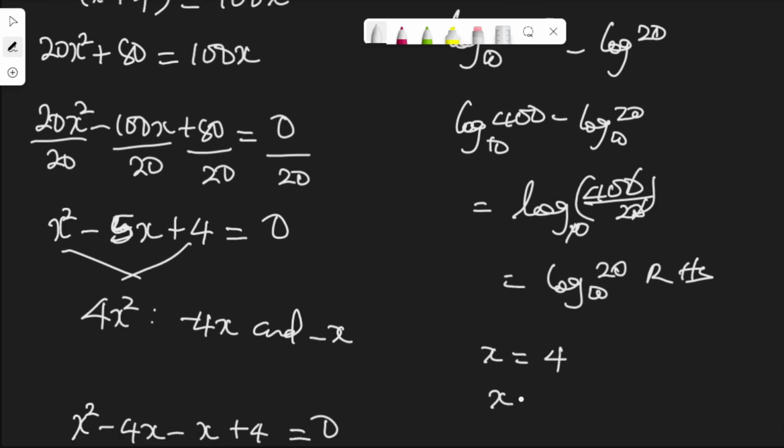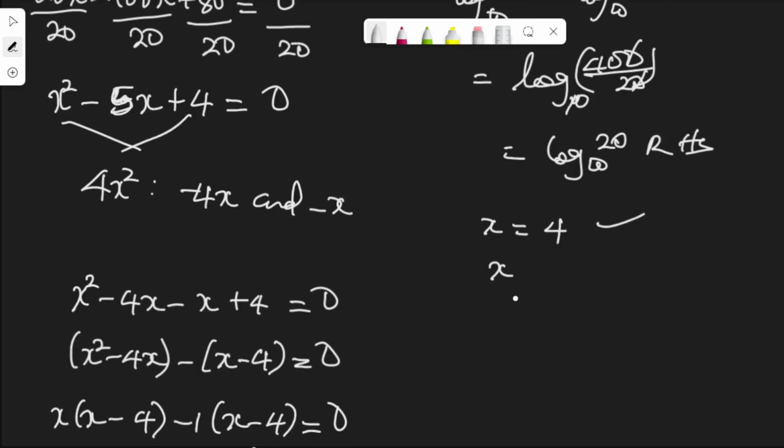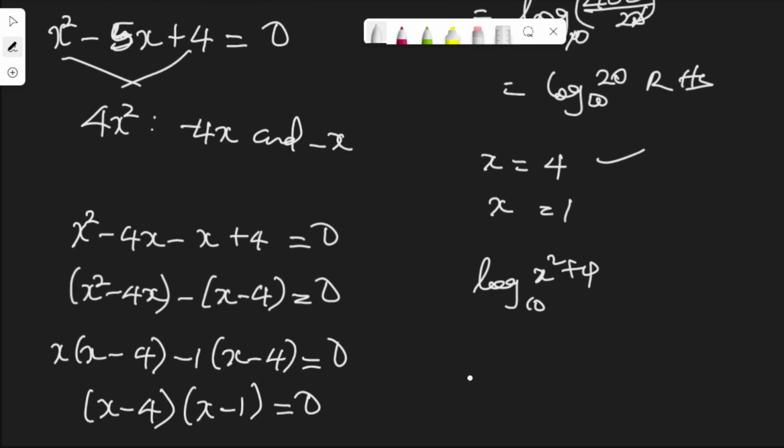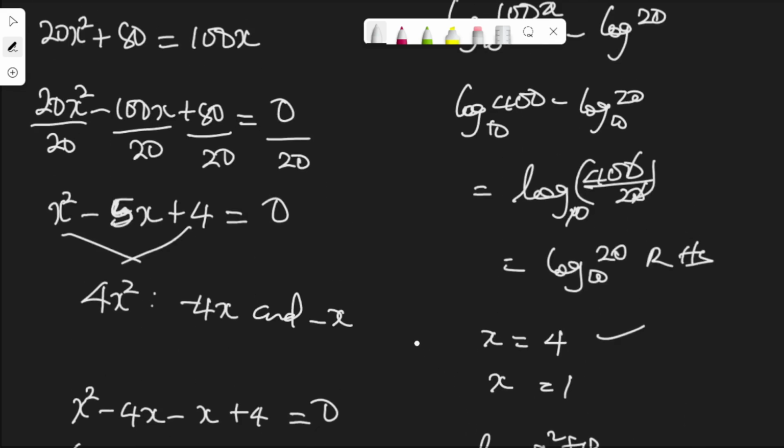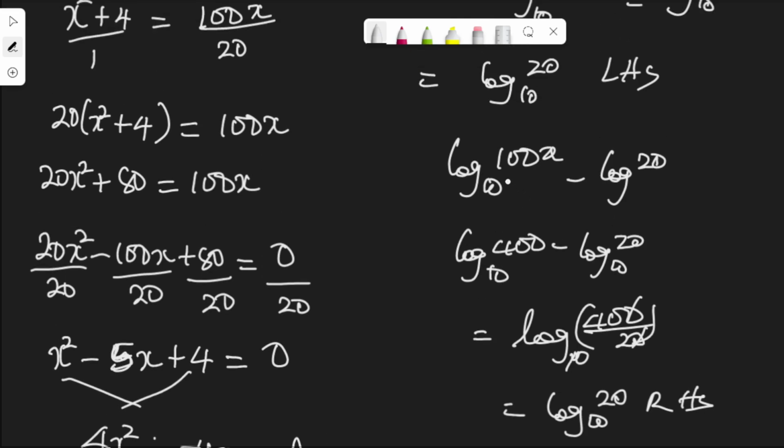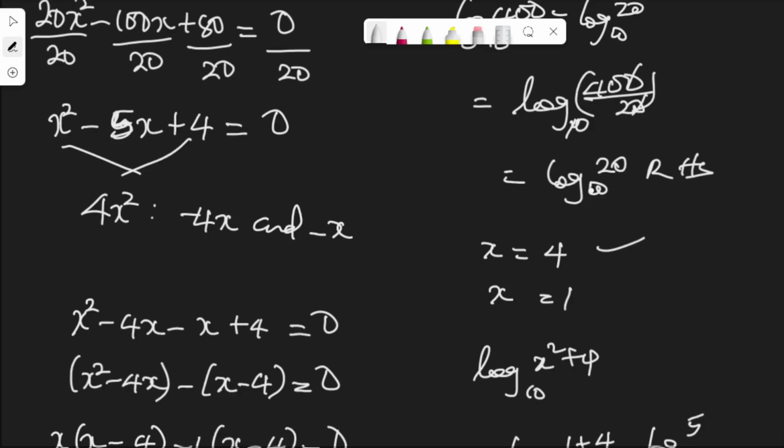Now let's check for x equal to 1. For x equal to 1, log (x squared plus 4) to base 10 will be log (1 squared is 1, plus 4) to base 10, which is log 5 to base 10. That is for the left hand side. Then for the right hand side, we have log 100x minus log 20.